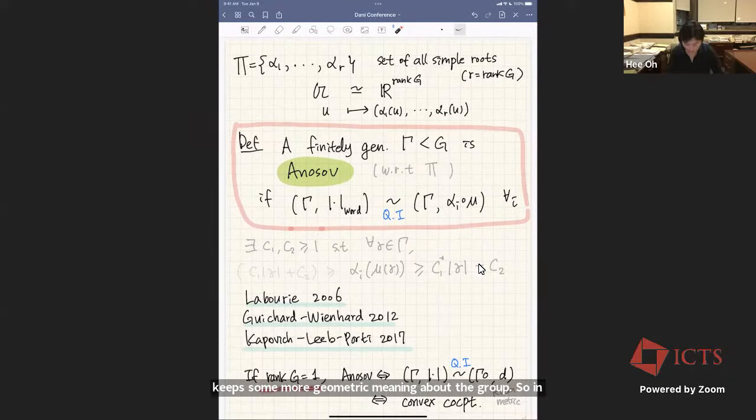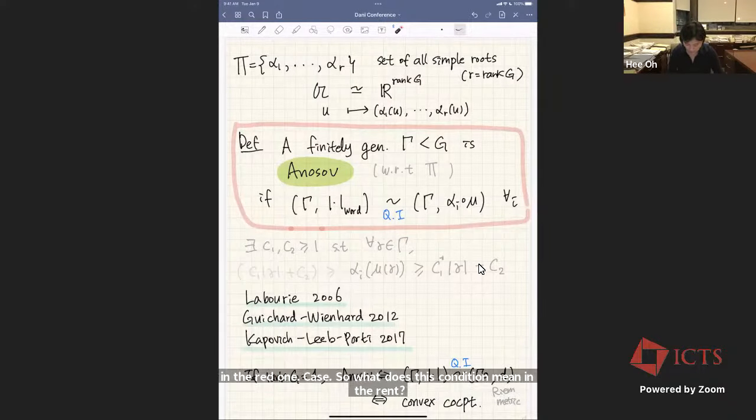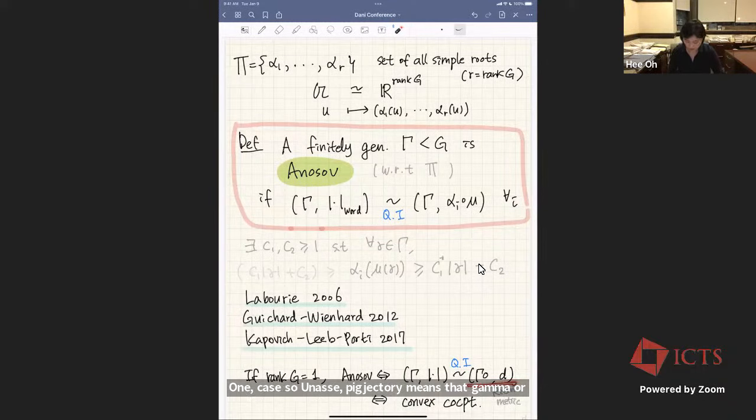So in the rank 1 case, what does this condition mean? In the rank 1 case, Anosov exactly means that gamma, given the word metric, is quasi-isometric to the orbit of gamma with respect to the Riemannian metric. You fix some point O in the symmetric space, and restrict the Riemannian metric to the orbit of gamma O. This is a metric space because I just restricted the Riemannian metric to the orbit.